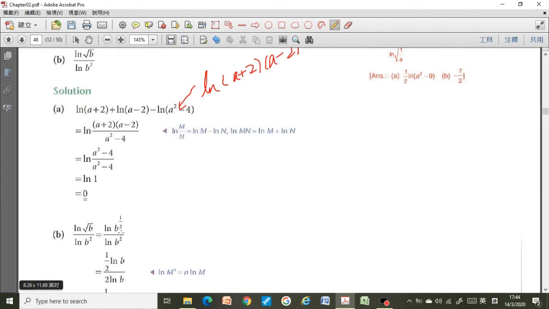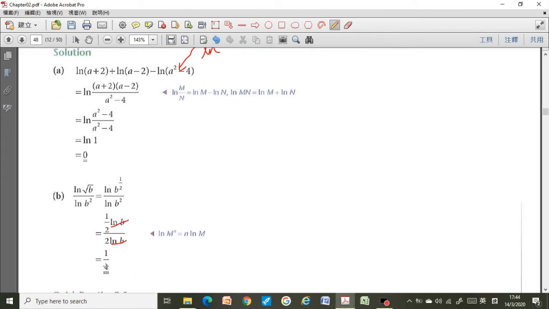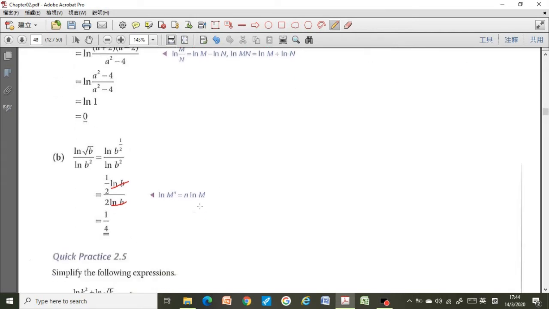So root b is b to the power 1 over 2, and b squared is just here, and then take the power outside the logarithm, you will get 1 over 2 log b divided by 2 log b. These 2 log b are like terms, so you can cancel, they cannot be 0, and finally you get 1 over 4.